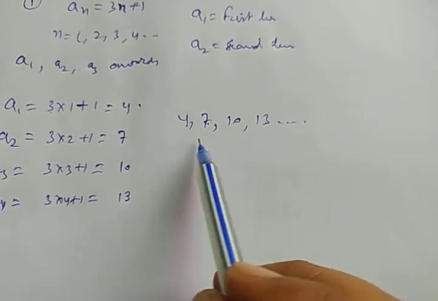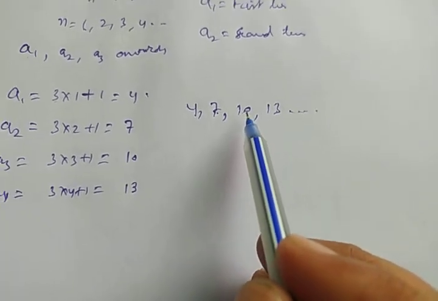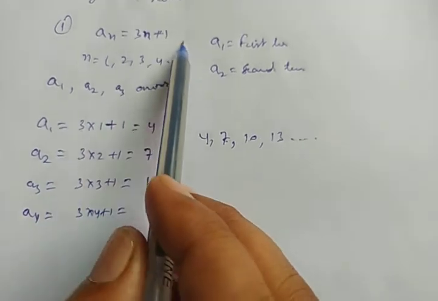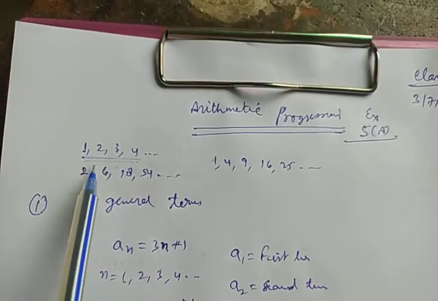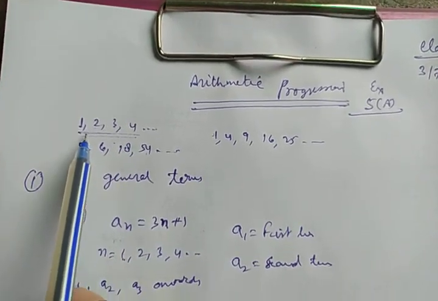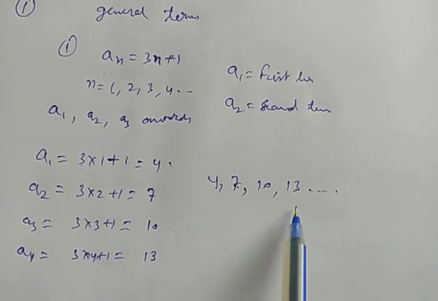It means in this sequence each term is obtained by adding 3 to the previous term, and this was the working rule for the pattern. In the previous example, only 1 was added to each number, but in this case 3 is added to each number.